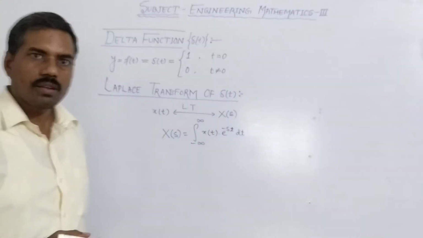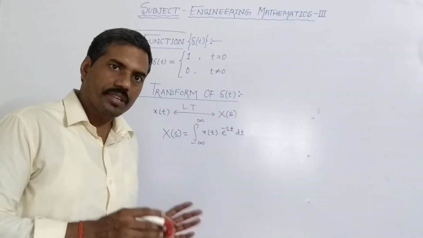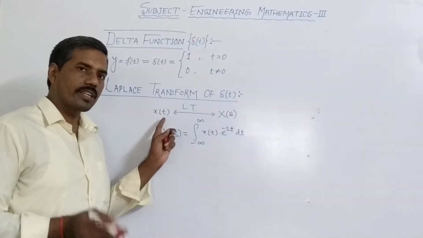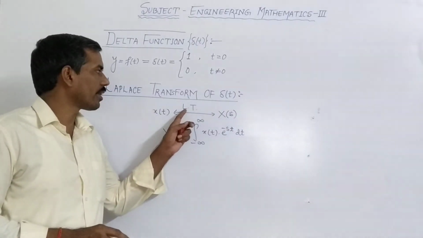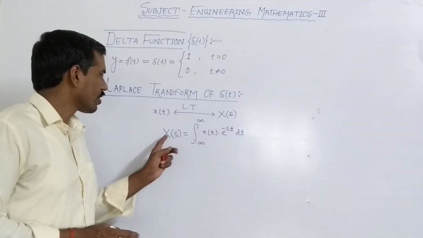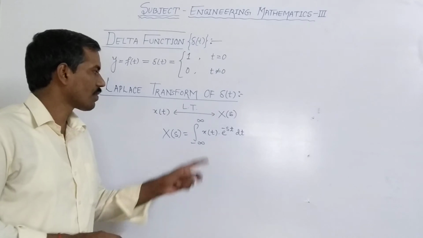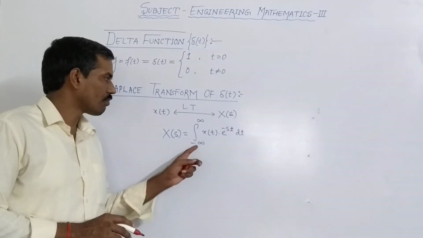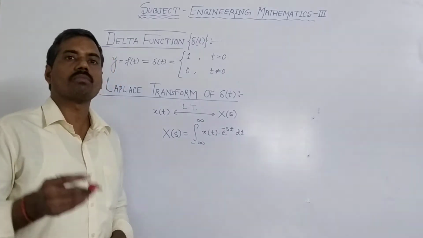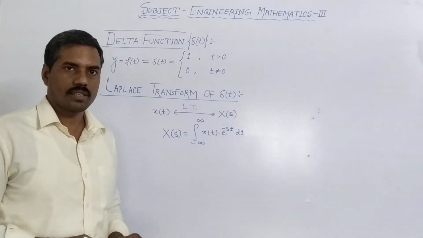This is the definition of Laplace transform. Suppose x(t) is the input function, we have to find the Laplace transform. Suppose that is X(s), and X(s) is defined as the integral from minus infinity to plus infinity of x(t) into e to the power minus st dt.